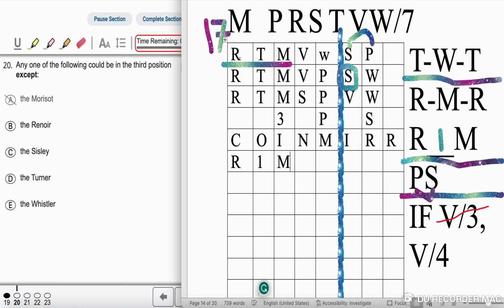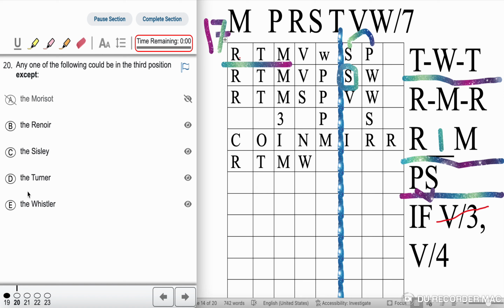Then I'm going to put W because the rule says R has to be closer than, and there has to be 1 space. That 1 space could honestly be the letter T. And then that 4th spot could be W. The reason W can't be in the 3rd spot is because there has to be 1 spot, and also W can't be before T. That forces W not to be in number 3. So let's go ahead and choose W.